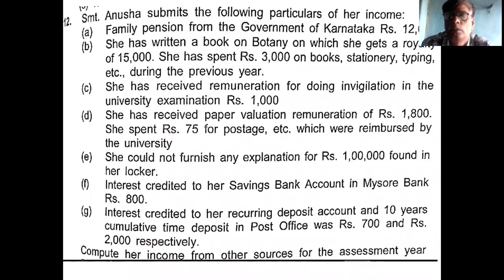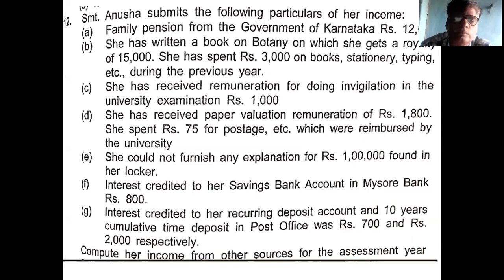The deduction is 1/3 of that amount or rupees 15,000, whichever is less. 12,000 is the pension received. Then 1/3 of that.